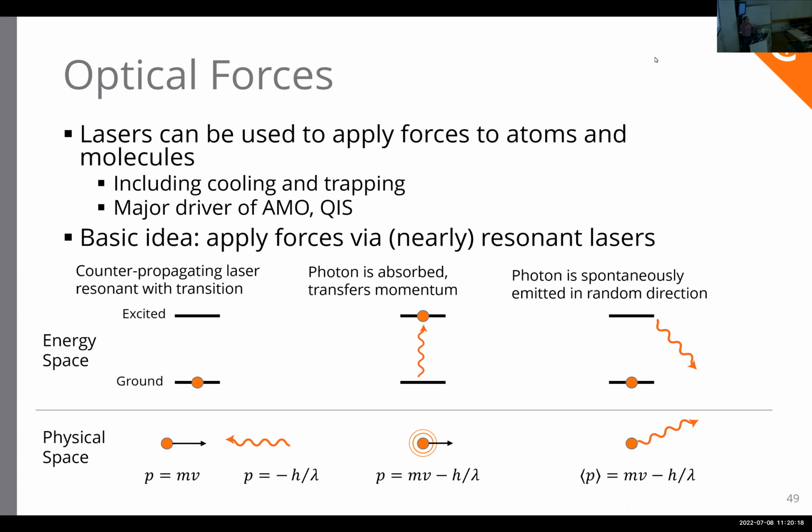So it will receive a momentum kick from each single photon, but on average, if you do many, it will not receive a net photon kick from this decay. So after this process is completed, you have on average changed the momentum of the atom by the momentum of the photon, h over lambda. So that's the idea. Any questions about this?